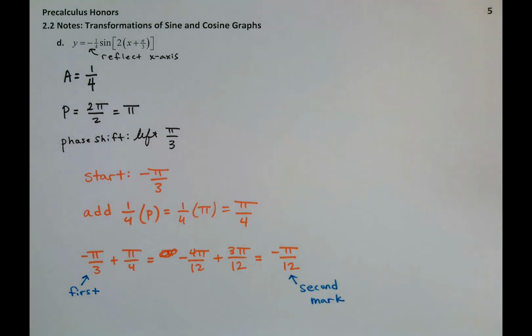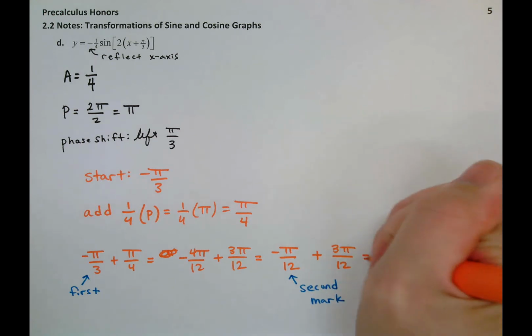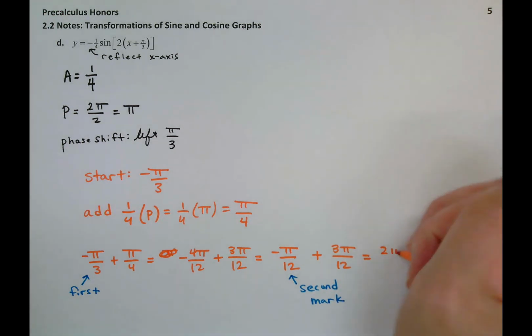All right, and so what I'm going to keep doing is that second tick mark, I'm going to add 1/4 of the period again. Well, instead of adding pi over 4, I want to stay in the common denominator of 12. So I'm going to add 1/4 of the period again. So that's pi over 4, which is 3 pi over 12. And that would be 2 pi over 12.